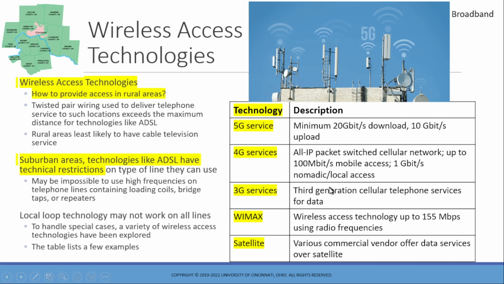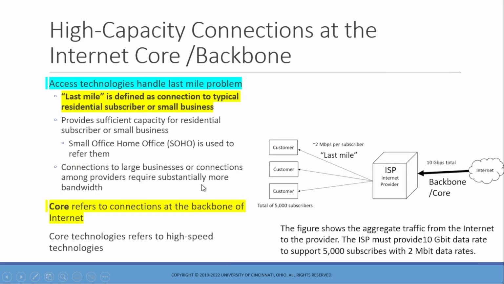So I won't go into the details here, but just know that all of these are wireless connectivities. So in order to connect to rural areas, we have to use wireless connectivity. And in some suburban areas, DSL really doesn't work for various reasons. So we use some wireless technologies sometimes in different parts of cities or suburbs.